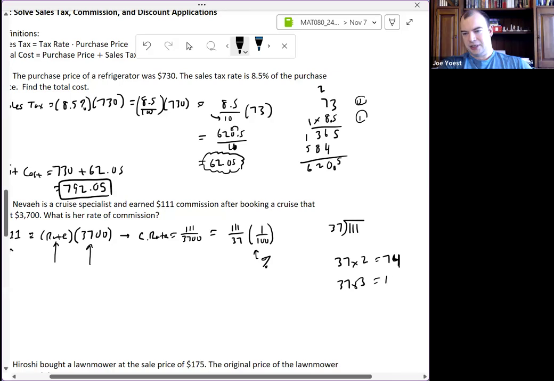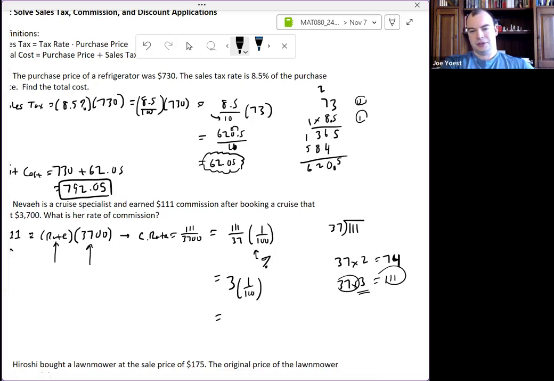Well, wait, that's actually exactly 111. So I actually note that 111 over 37 is just 3. Or this is just 3 over 100, or 3%. So I protected that factor of 100 in the denominator to leave me with percent at the end.